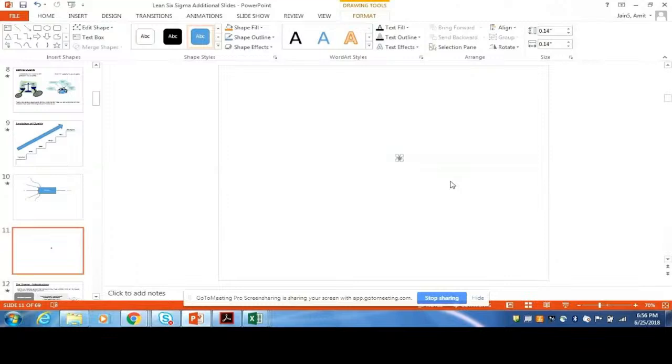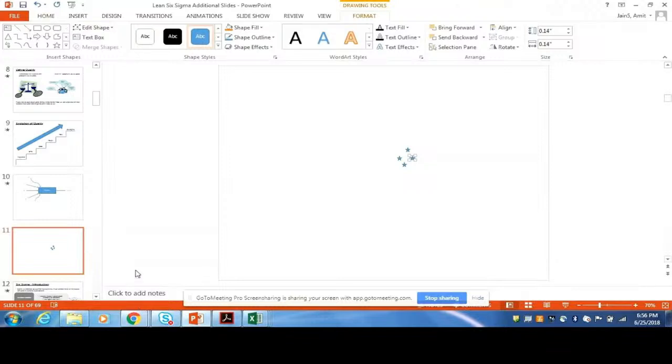Because of variation in the process, sometimes we might get output here, sometimes here, sometimes here. So there would be a variation, and instead of getting one output, you might get a distribution.